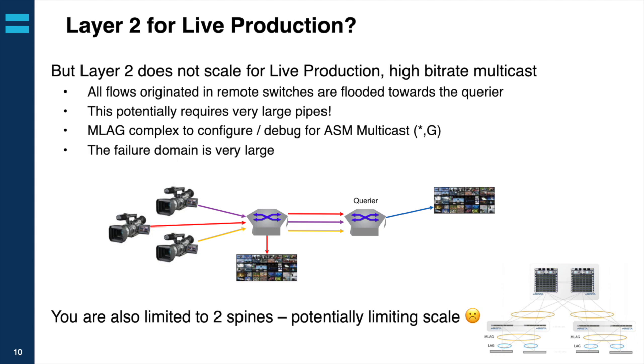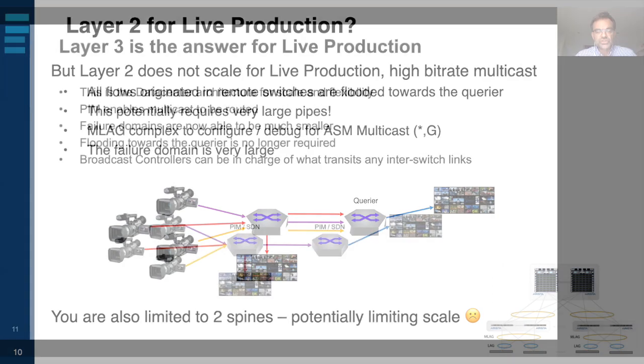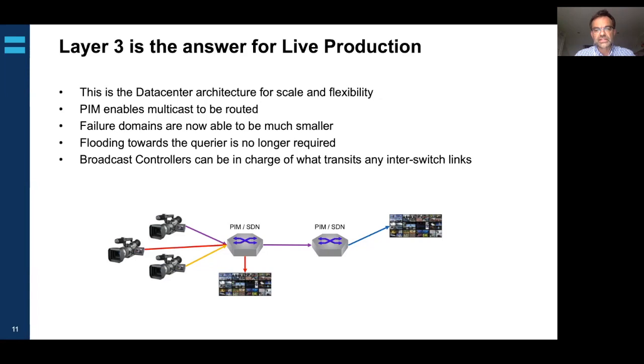Layer 3 means that each of the VLANs is a smaller failure domain. You connect together these VLANs using routing, traditional routing that we use every day in the data center. And you can then either use dynamic multicast, PIM, IGMP to connect together these layer 3 multicast VLANs, or you can use some sort of SDN.